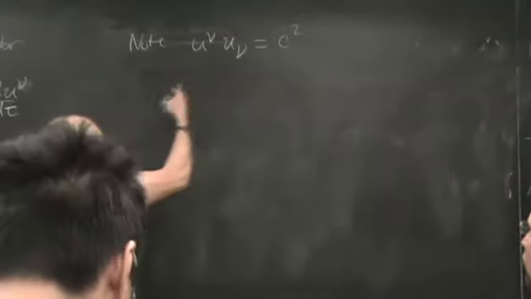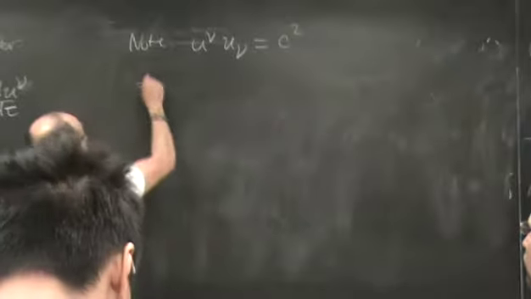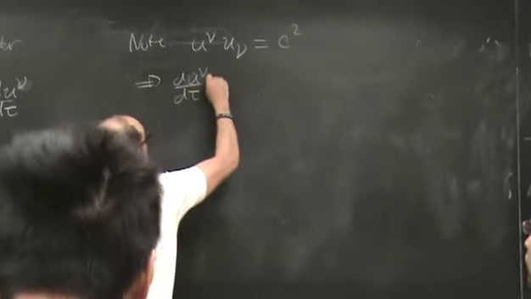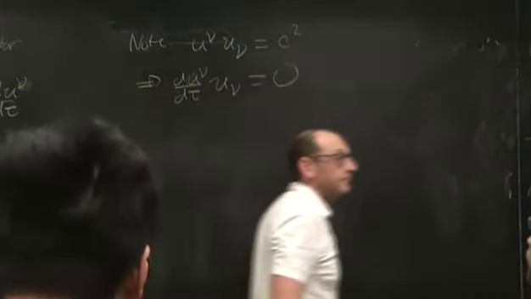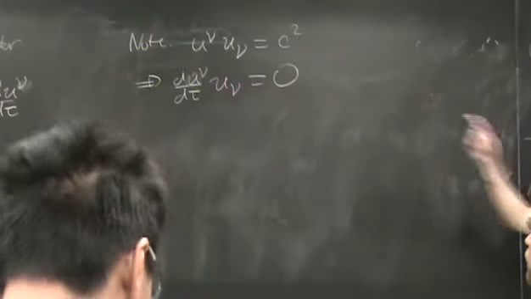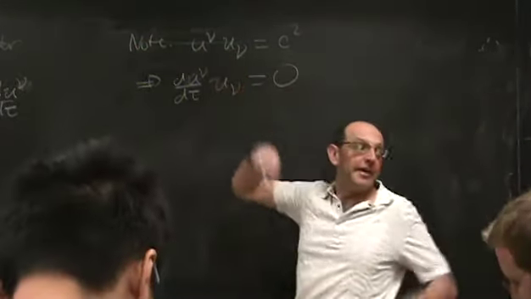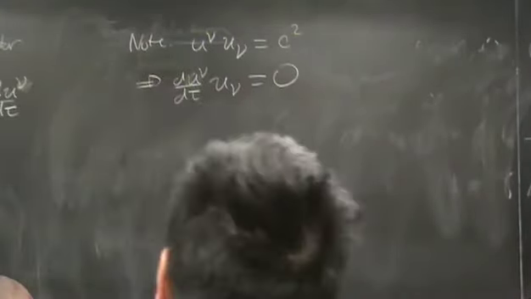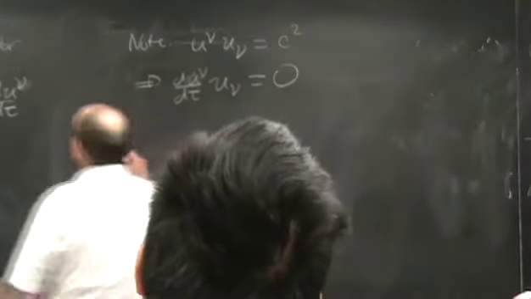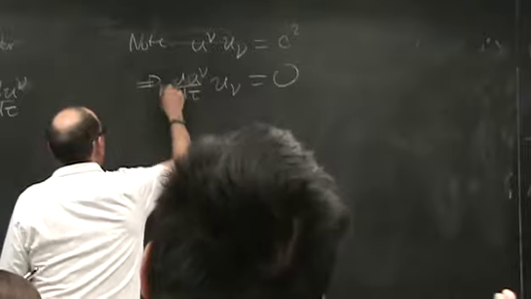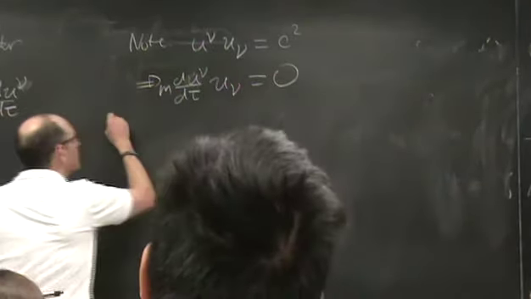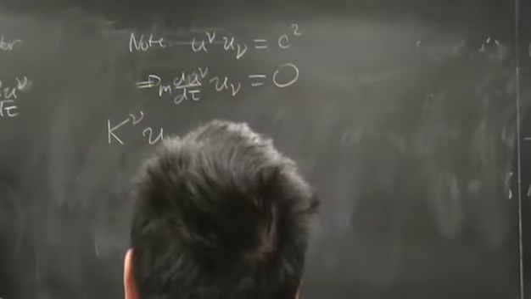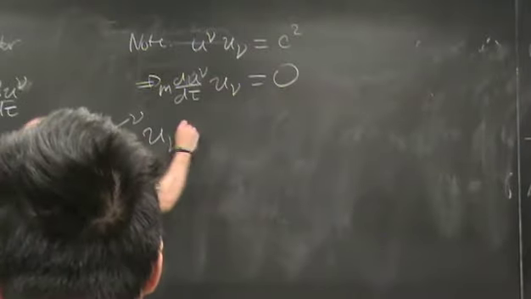That means if I take the derivative of this with respect to the proper time, this is 0. I can raise and lower the indices back. So that means that if I multiply this by the rest mass, the inner product between the Minkowski force and the four-velocity is 0.